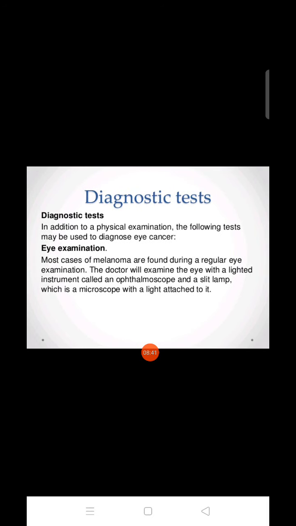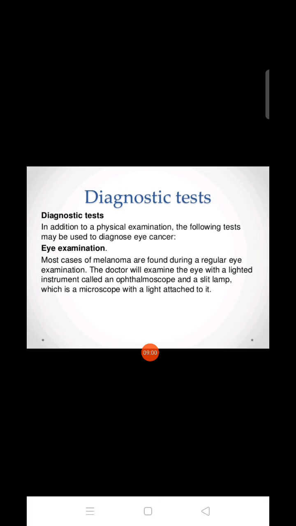Next, what are the diagnostic tests? In addition to a physical examination, the following tests may be used to diagnose eye cancer. First, the eye examination. Most cases of melanoma are found during a regular eye examination.